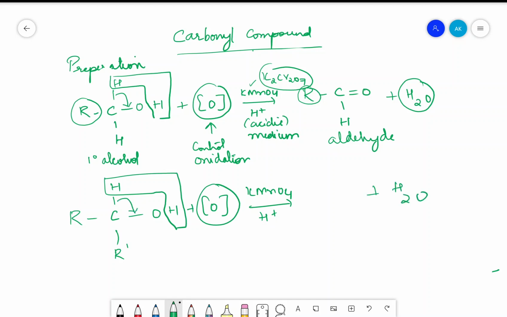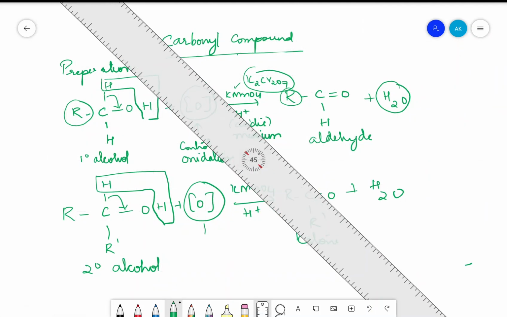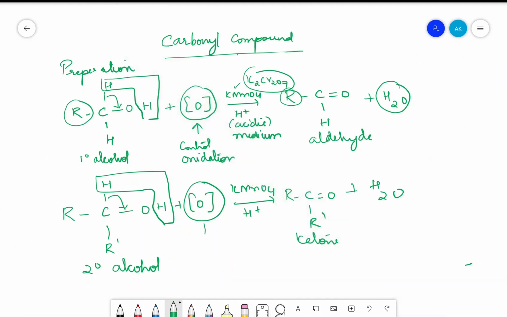This bond will shift here, we'll get R, C double bond O, R dash. It is a ketone. So this is a secondary alcohol, and on controlled oxidation in the presence of an oxidizing agent and acidified solution, we'll get a ketone and a water molecule.